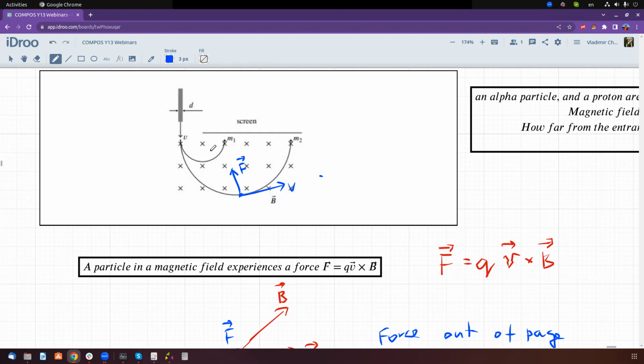Now, what happens, because that's the only force acting on the mass. So you have a mass here, and you write down F equals QVB. But F is also the centripetal force because it is moving in a circle. So mv squared over r is equal to QVB.